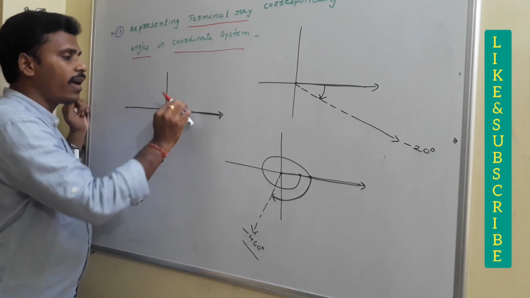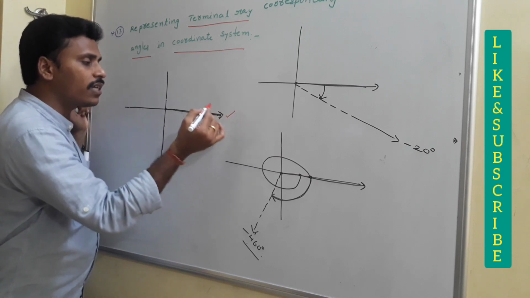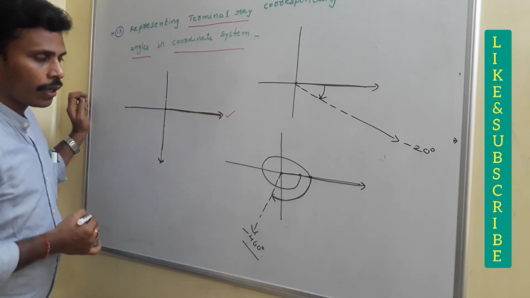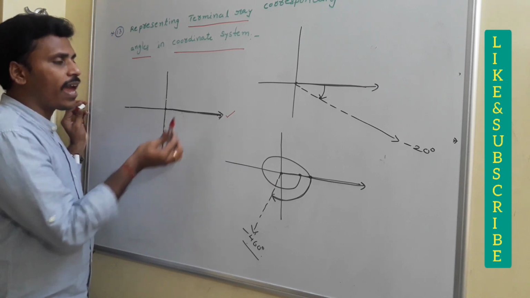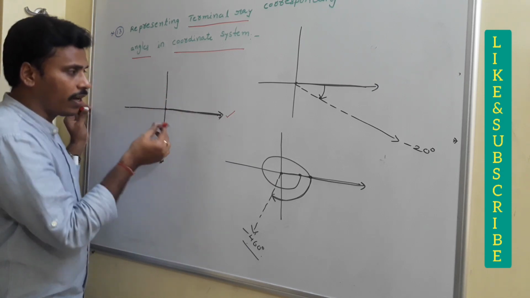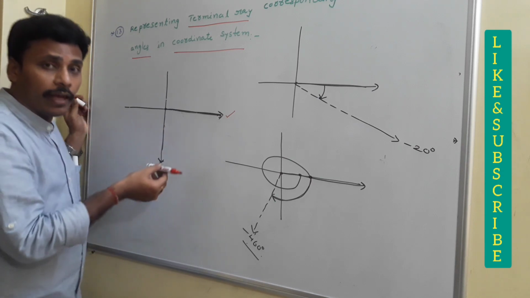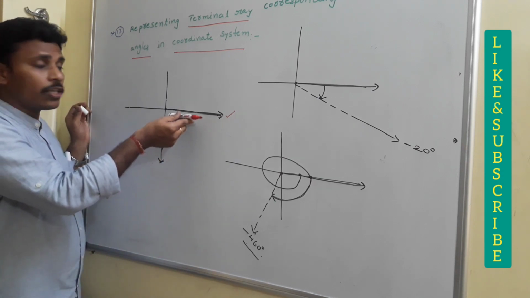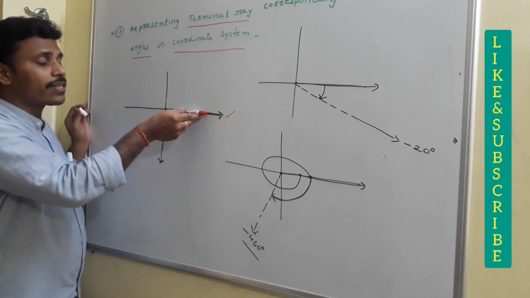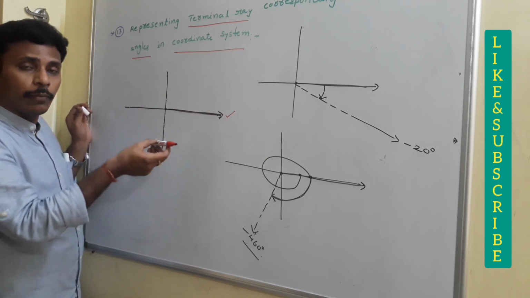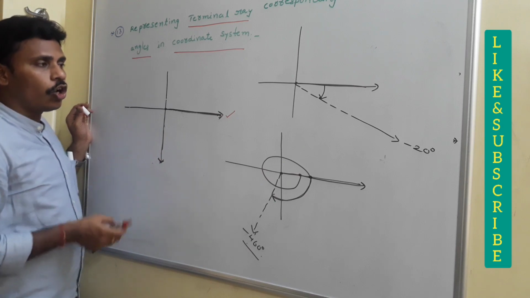Since you are still there, this positive x-axis is itself your terminal ray. Is it clear? Then there is no matter of anti-clockwise or clockwise direction, because we are not moving from there. Since our angle is 0 degrees, no need to move from that positive x-axis. Then this positive x-axis itself acts as the terminal ray for an angle of 0 degrees.